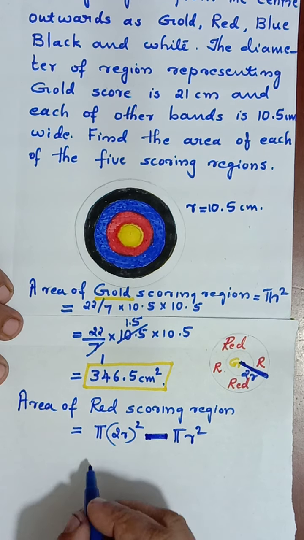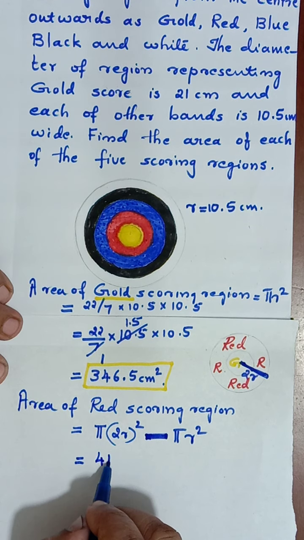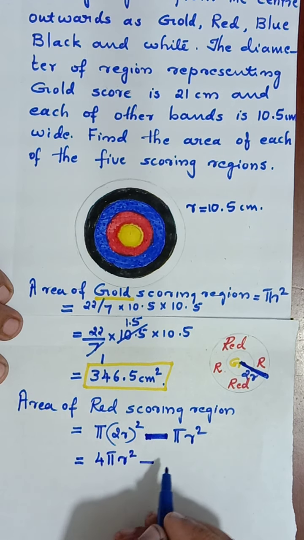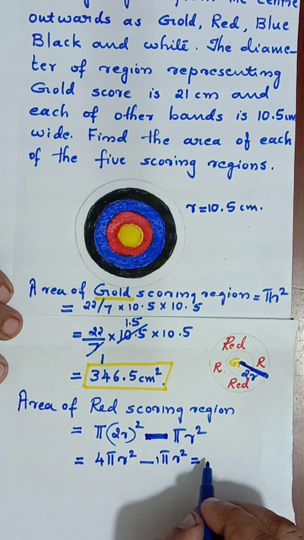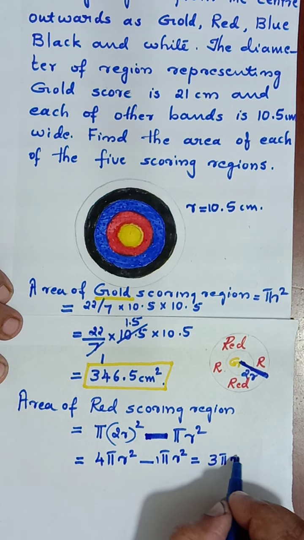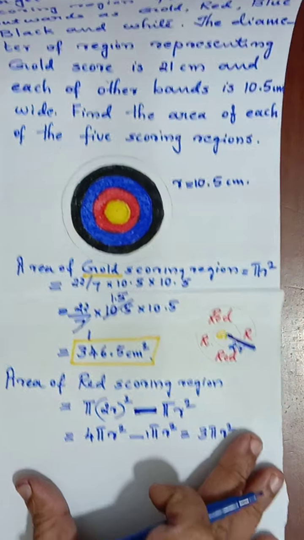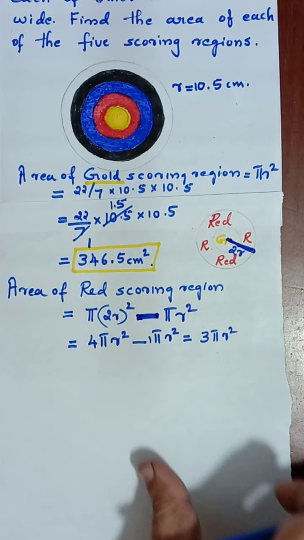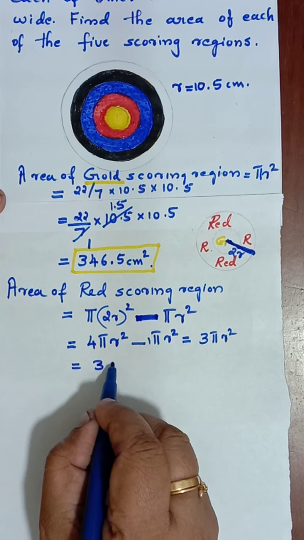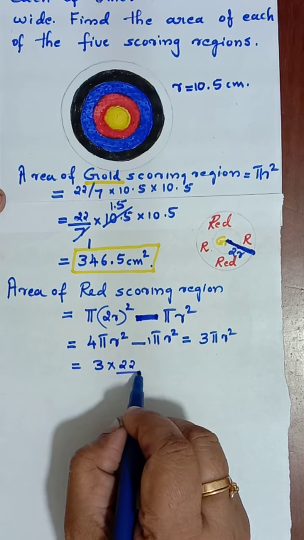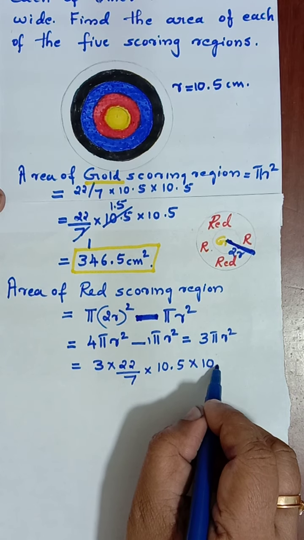That is equal to 2 square is 4 r square. 4 pi r square minus pi r square. Pi r square is this one, so it becomes 3 pi r square. This calculation will be simple. That's why I am showing it in this way. Now we have to multiply, 3 pi r square substitution: 3 into 22 by 7 into radius 10.5 into 10.5.